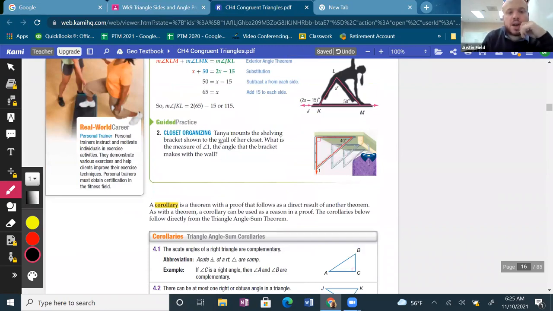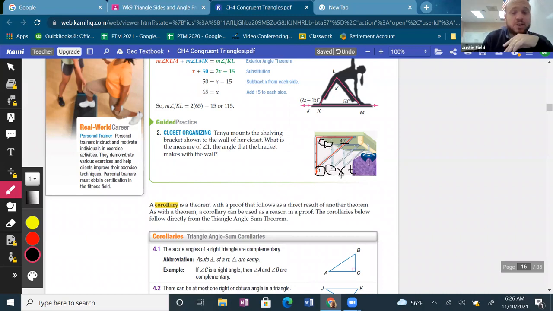All right. Closet organizer. Tanya mounts the shelving bracket shown to the wall in the closet. What is the measure of angle 1? Okay, so angle 1 is an exterior angle. Does everybody see that? If I hear someone say no, then I'll go walk over to your computer. All right, so the interior angles with respect to it are 40 and 90.